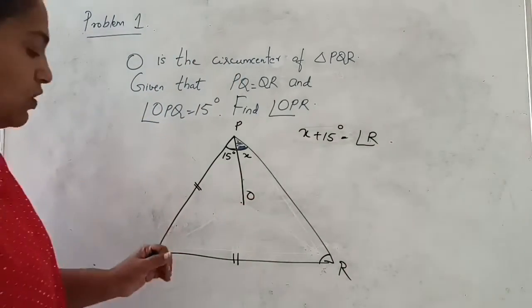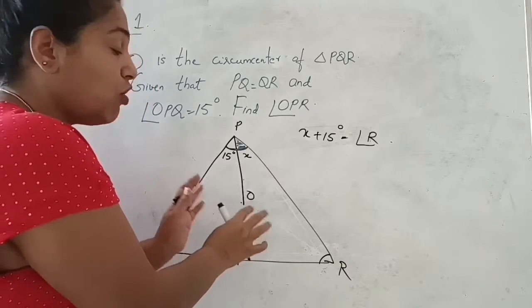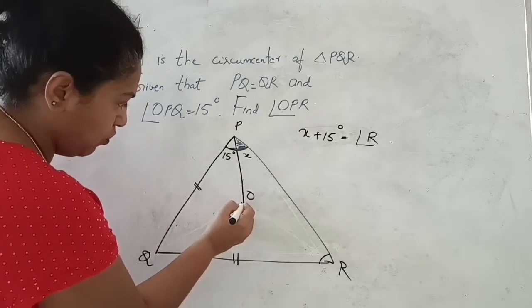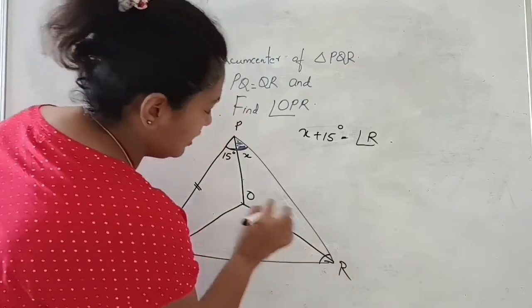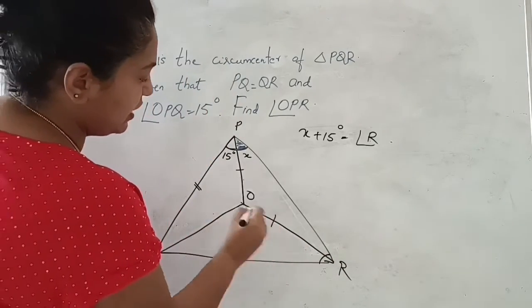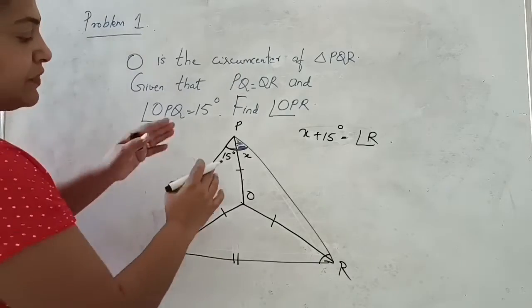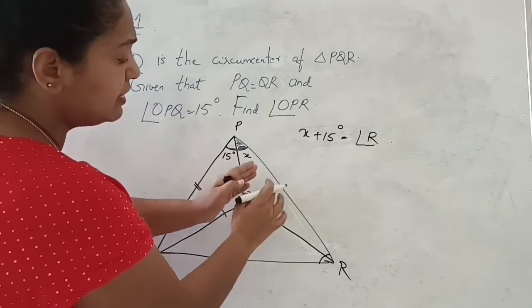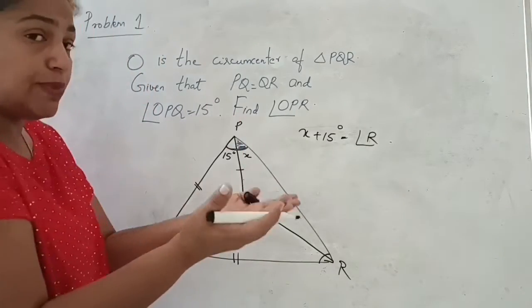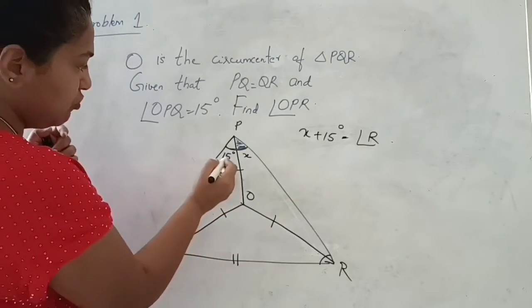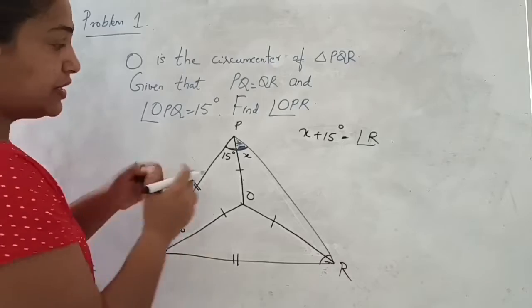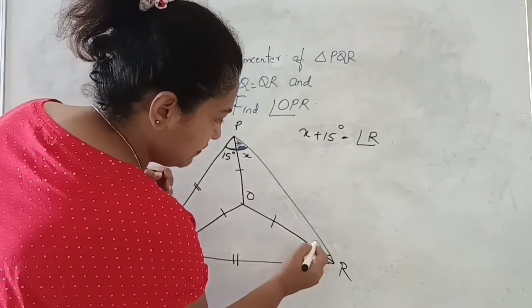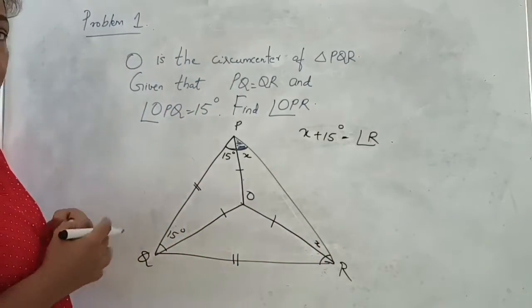Now because O is the circumcenter of the triangle, I can join O to all the vertices, and each of these measurements is equal because they give the value of the circumradius. So I have three isosceles triangles whose base angles will always be equal. If this is 15, this is also 15. If this is x, this part is also x.